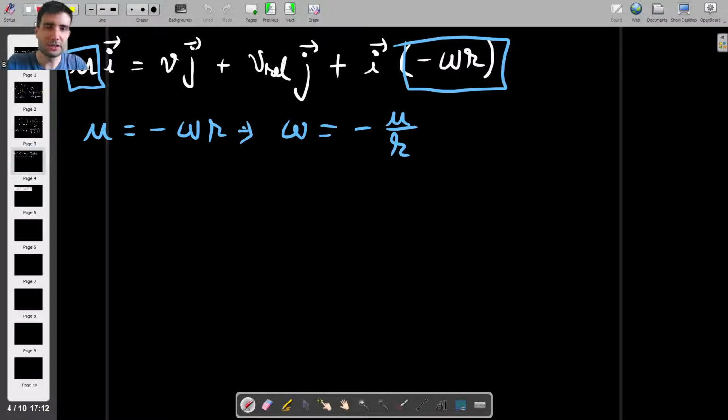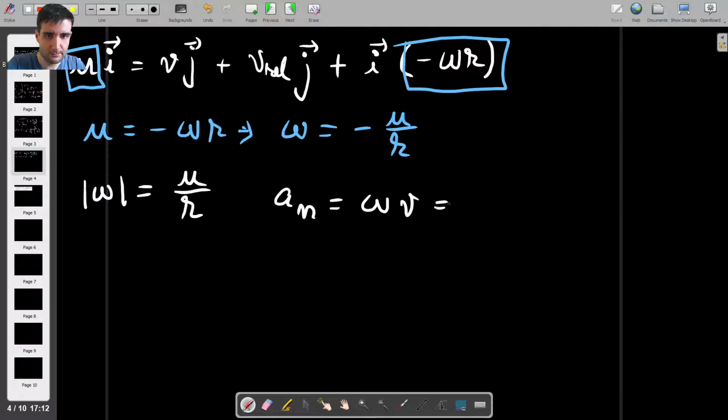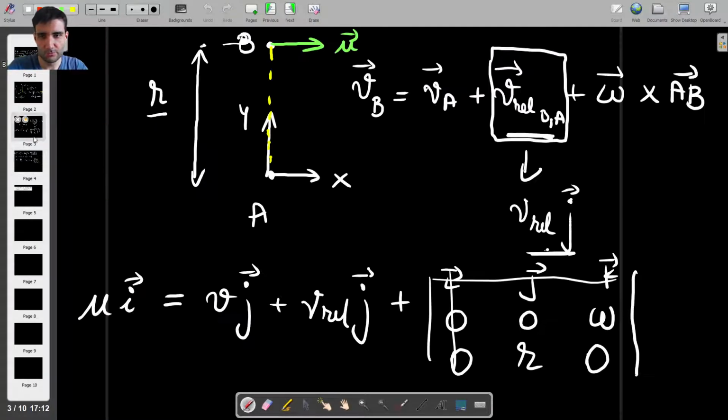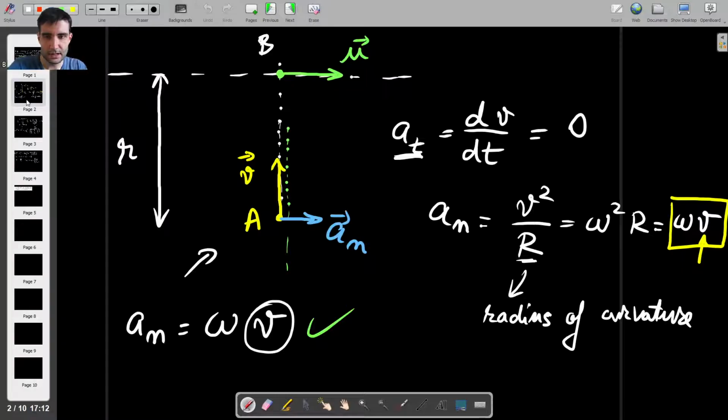So if we only care about the value, we can say that the absolute value of omega is just u over r. So the normal acceleration, therefore, which is omega v, is going to be u v over r. And that's the acceleration of the dog in this particular moment. So it only depends on the distance between the two, as well as on the speed of the dog and the speed of the cat.